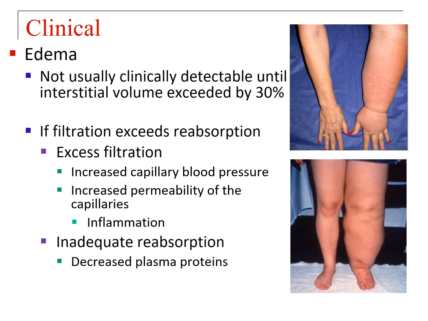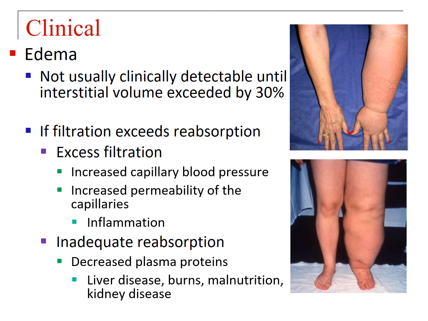So if there are fewer proteins present in the bloodstream, then you won't have as much osmotic pressure, and your net filtration pressure at the venous end might be -5, might be -6, but it will be less than -8. And so in this case, a normal filtration greatly exceeds the inadequate reabsorption, and you get swelling because of the decreased number of plasma proteins.